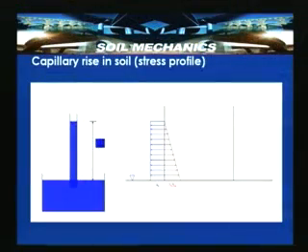Now, this is gamma W Hc, that is the hydrostatic pressure, the water column which exhibits zero pressure here and gamma W Hc here. So, the net pressure, that is the difference between the pressure indicated in the red line and the blue line, is referred to as the pore water pressure distribution.